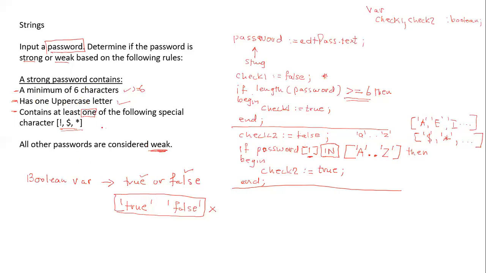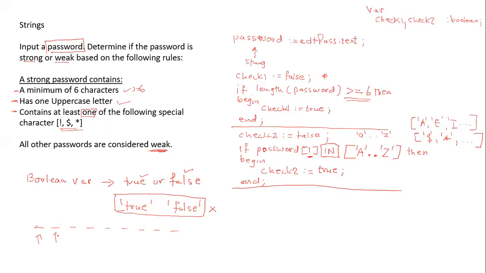Here, I need to check each value of my password. So if my password has multiple characters, as it would, I need to go to each position and check: does that contain an exclamation, dollar, or star?